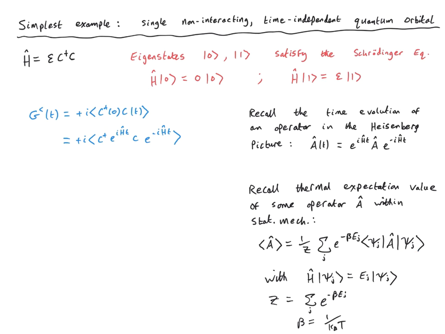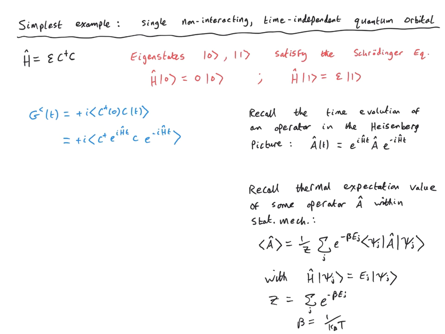Here we have the Schrödinger equation H psi is equal to E psi. In particular, if I act with the Hamiltonian on an eigenstate psi j, I get the eigenstate back again times the energy Ej. This is the energy Ej that is featuring in the Boltzmann weight here in our statistical sum. The factor Z is of course the partition function, which is simply the sum over all of these Boltzmann weights.